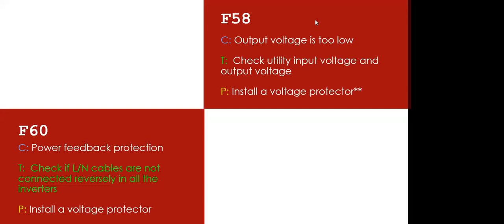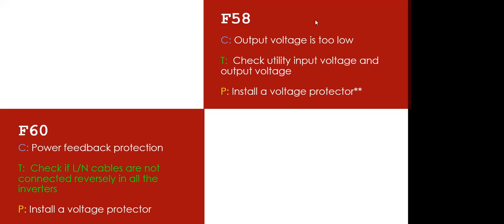So this fault is power feedback. It will only come as a warning until you get it right. This happens when you're trying to loop all the inputs and outputs of the two or more inverters together.